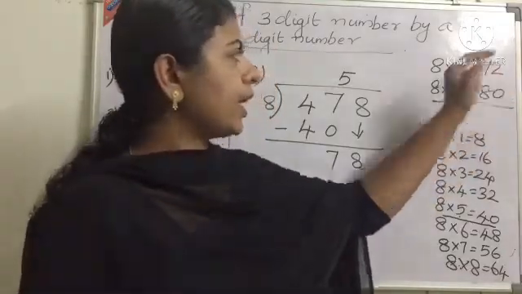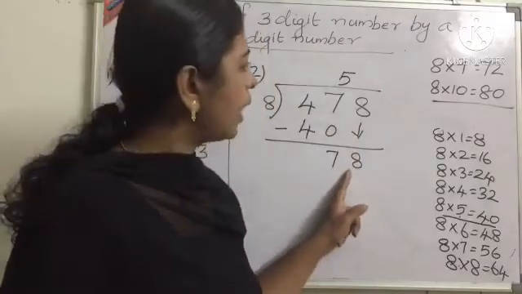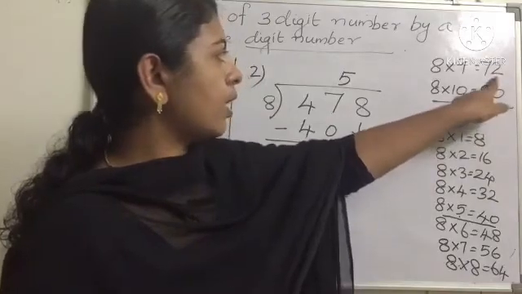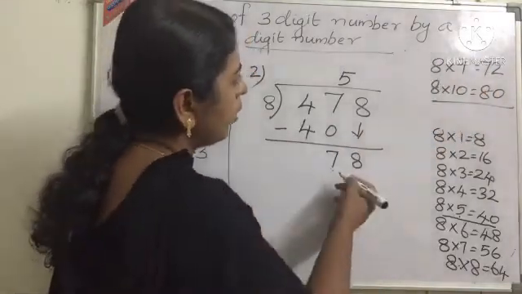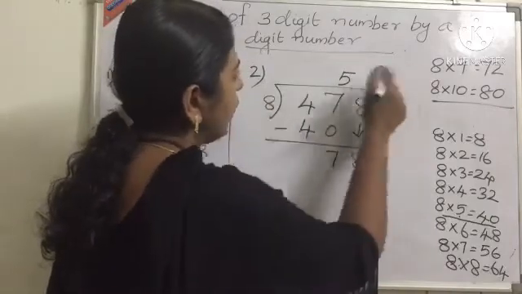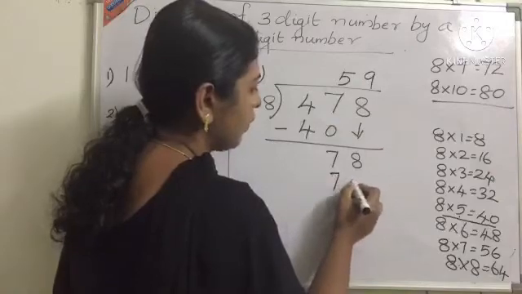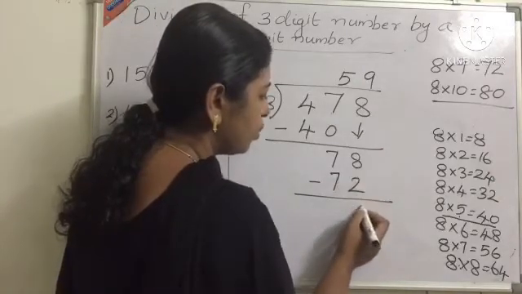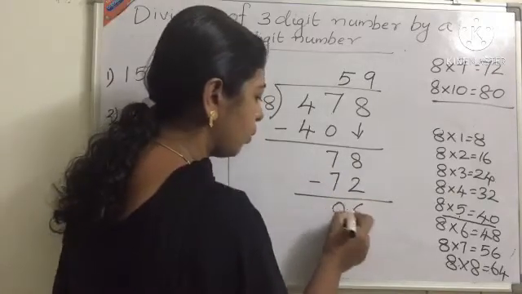Then before that we are getting 72. 80 is more than 78. So we don't want this value. So we go to this one. 8 into 9 is 72. So we write this 9 here. It's 72. After that we subtract. 8 minus 2, it's 6. 7 minus 7, it's 0.